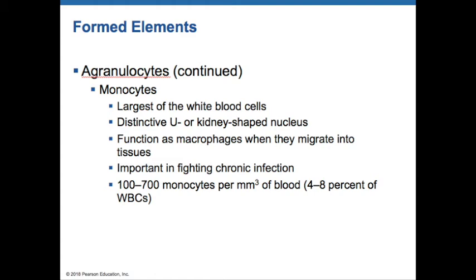So that means when you have been fighting an infection for a prolonged period of time, perhaps 2 weeks. So if your lab results come back with monocytes values of 900 monocytes per cubic millimeter of blood, what does that mean? It probably means that you have been fighting an infection for quite a long time now.